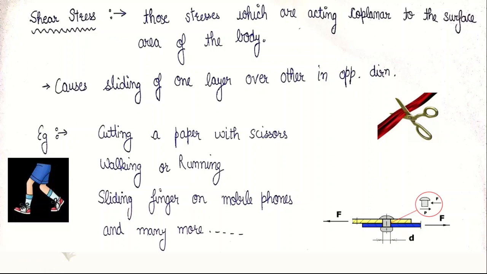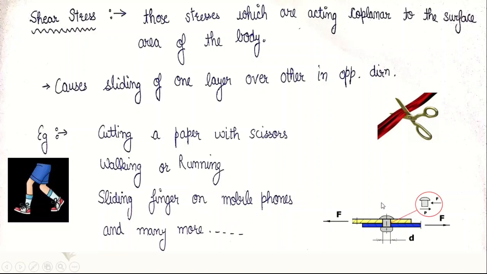Also, when we cut a paper with a scissor or cut our hair with the scissor, we again apply shear stresses. Even when we are using our mobile phones, when we slide our fingers on the touch screen of that phone, we apply shear stress. And there are numerous examples of this shear stress in our daily life.